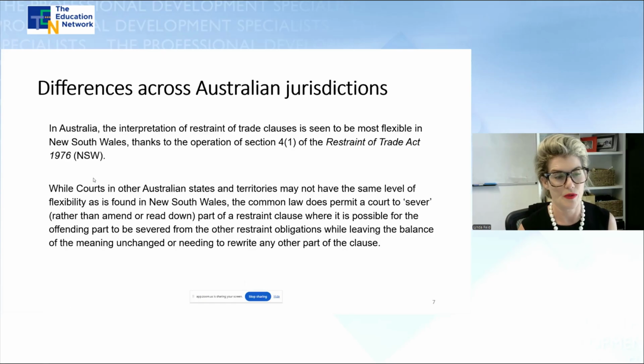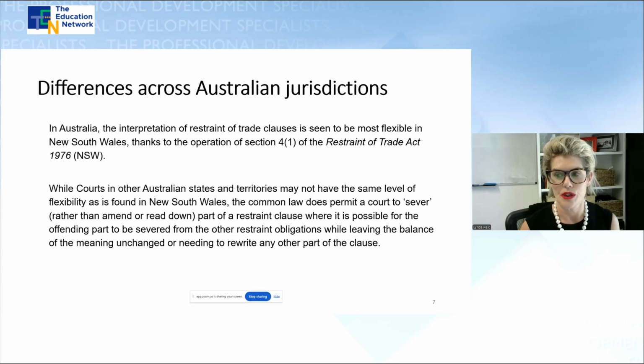The operation of that Act, in particular Section 4 of the Act, provides our Supreme Court with the power to read down restraint clauses to give effect to the restraint if it is seen to be reasonably protecting legitimate protectable interests.